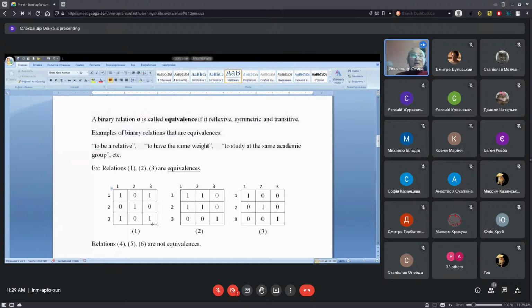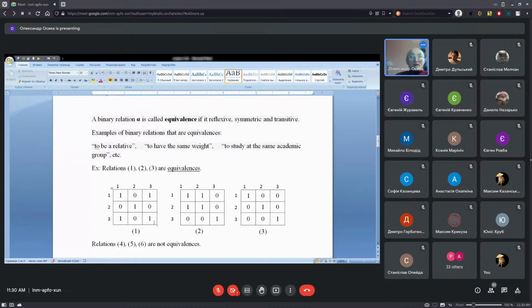In the case here, 3 to 1, yes. 1 to 3, yes. And 3 to 3, yes. Normally, we need 3 unities in a certain configuration for the relation to be transitive, but it is enough.